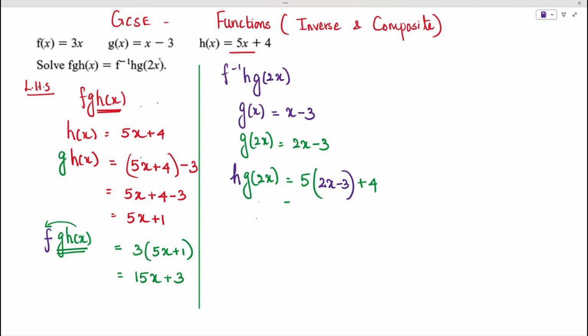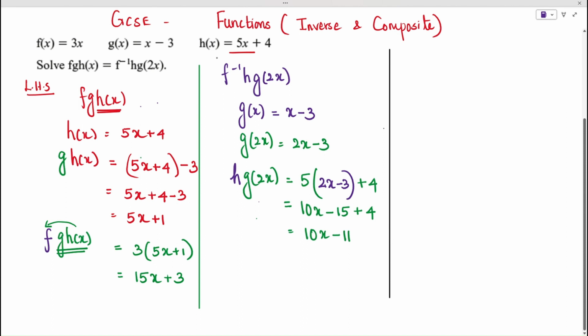And this simplifies down to, so 5 times 2x is 10x, 5 times minus 3 is minus 15, and we have plus 4 at the end. And this is equal to 10x minus 11. Now we're left with the final part of the right-hand side, our f inverse of x.